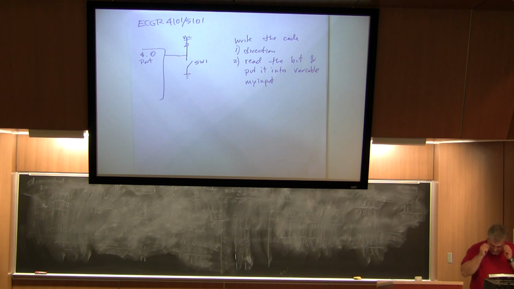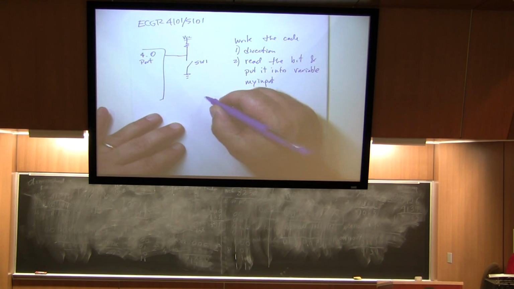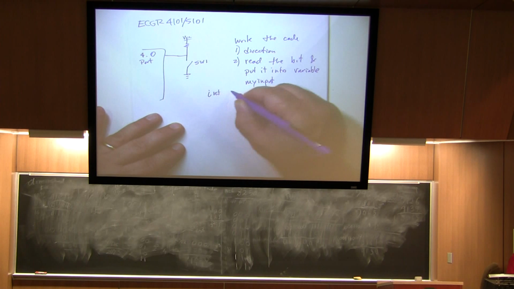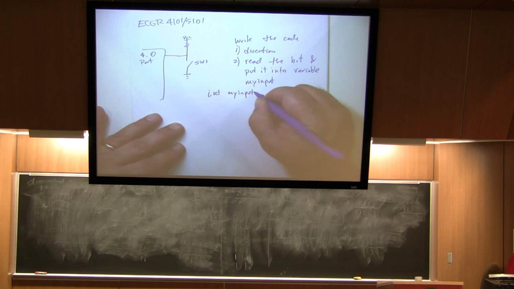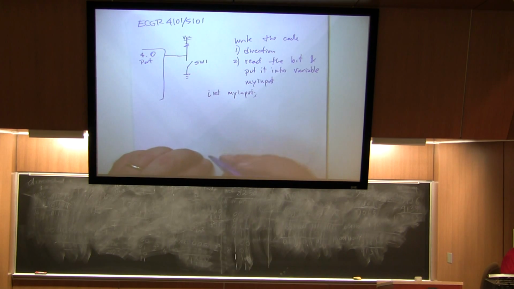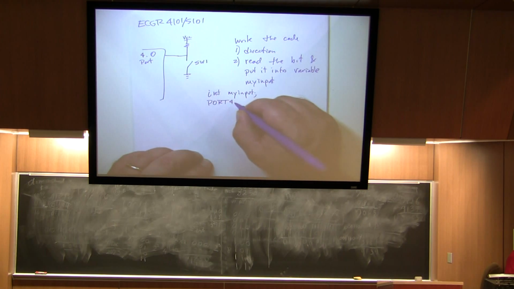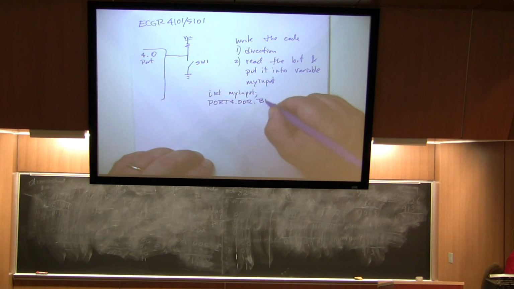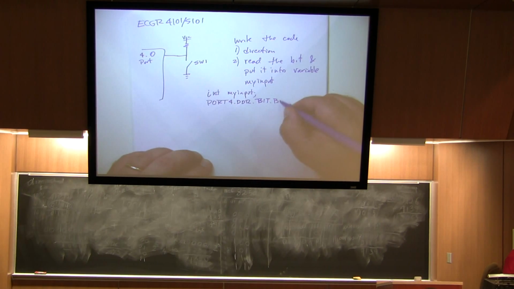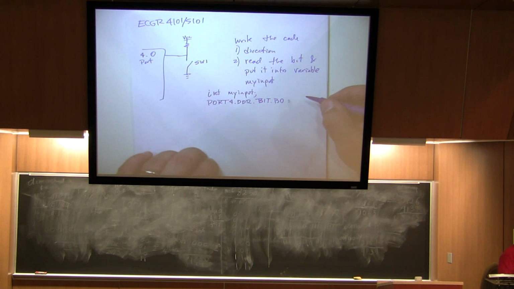So, the bit of information that you need is what? Well, first thing you have to do is set the port direction. I said only 2 lines, but sure, you need to define the variable too. Most everybody did that, but you need to set the direction: port 4 DDR dot bit dot B0 is equal to 0.